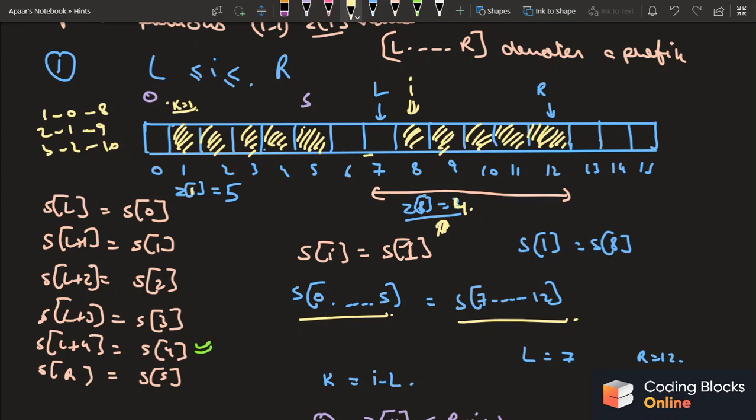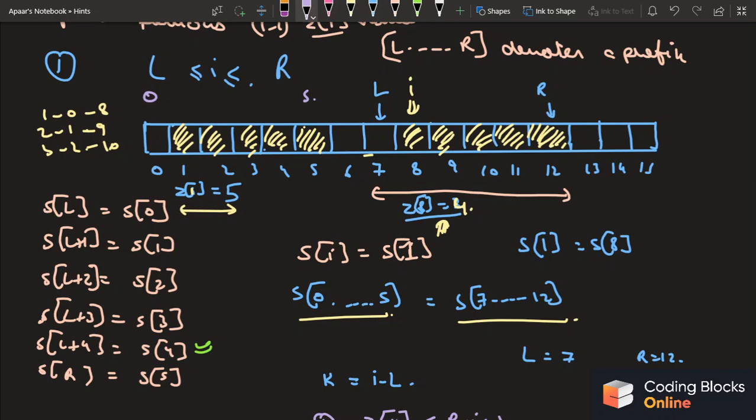That starting from index 1, the length of the longest prefix is equal to 5 only. It is not more than that, right? But now think about it, can it not be more than that?